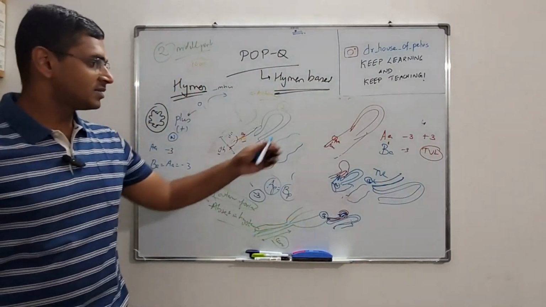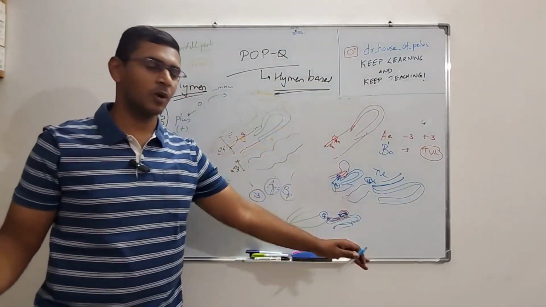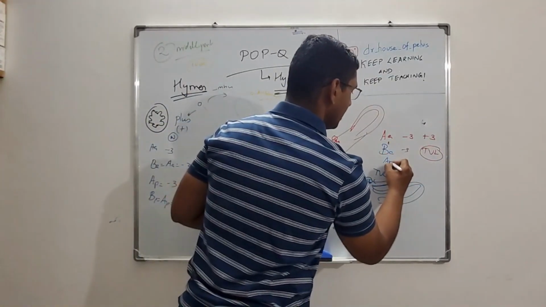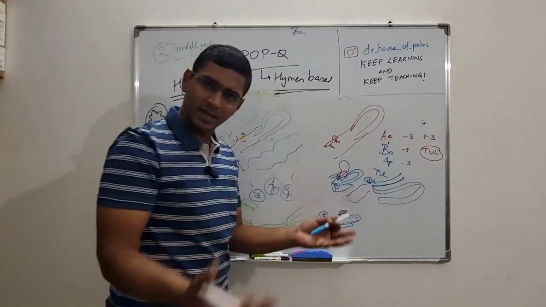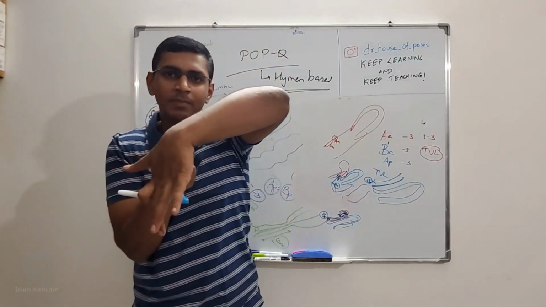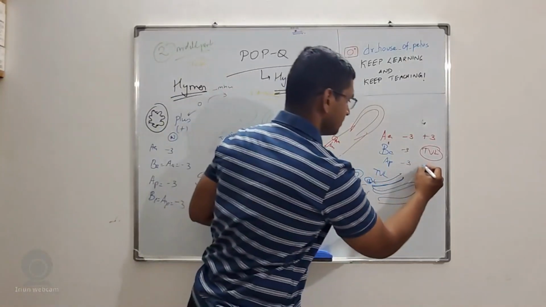Great. The same concept applies in the posterior vaginal wall. So the point AP will usually be a -3, and similarly AP will have the same length below, so it will be till +3.